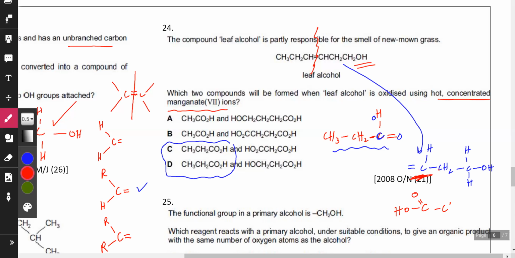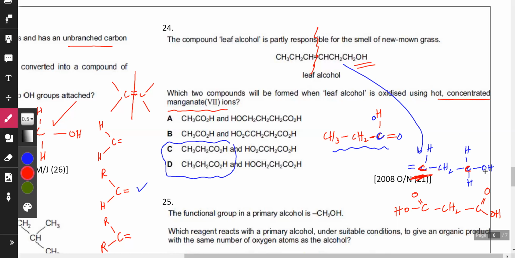And the other side is a primary alcohol. So it's going to be CH2, and that would also change into C double bond O and OH. So this carbon atom and this carbon atom. One is the oxidation of alkenes that's happening. The other one is the oxidation of a primary alcohol.